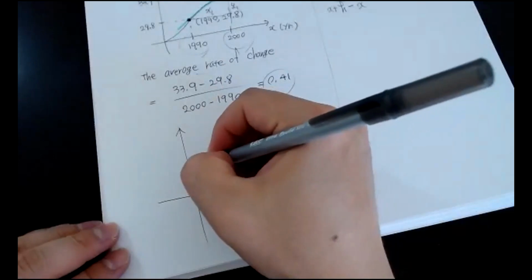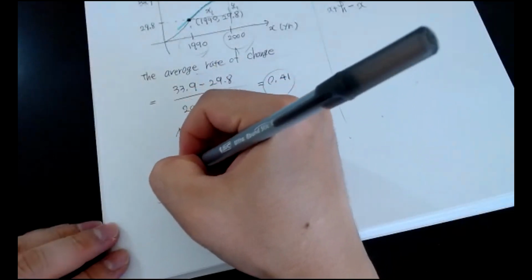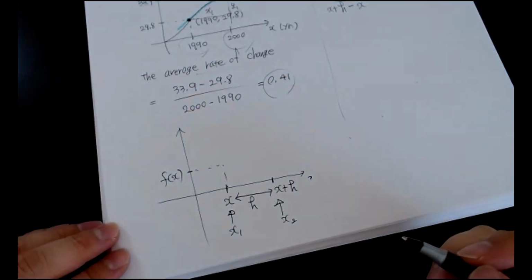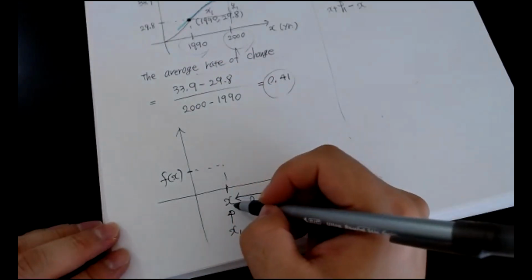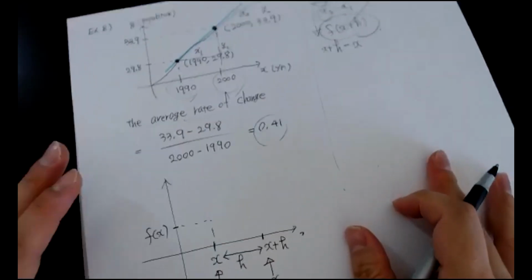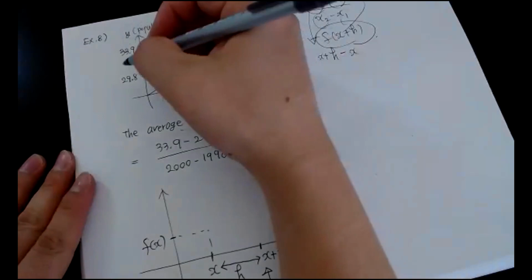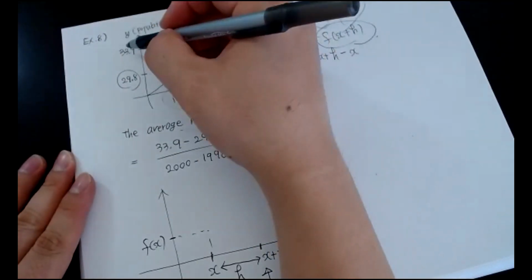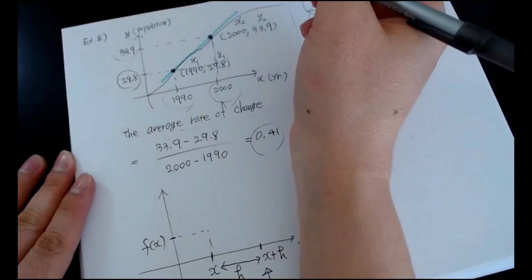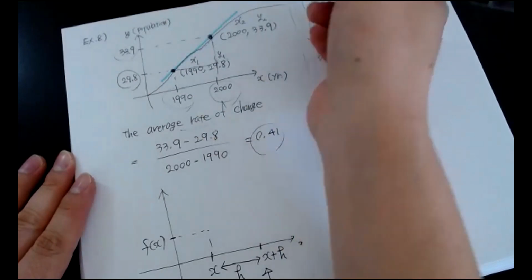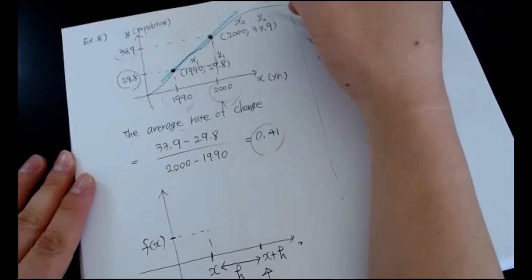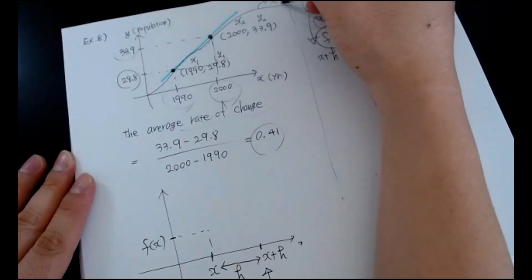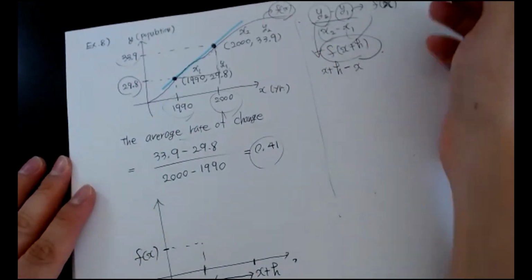Okay, so f of x is the y value corresponding to x. In this example, the 29.8 is f of x1, and 33.9 is f of x2, if the equation of this graph is f of x.